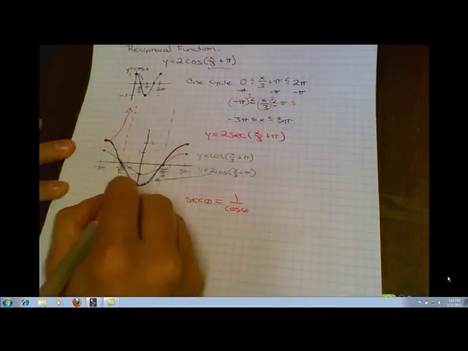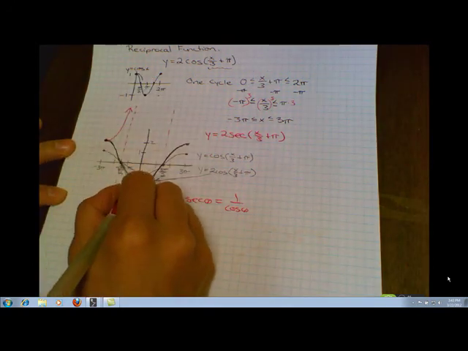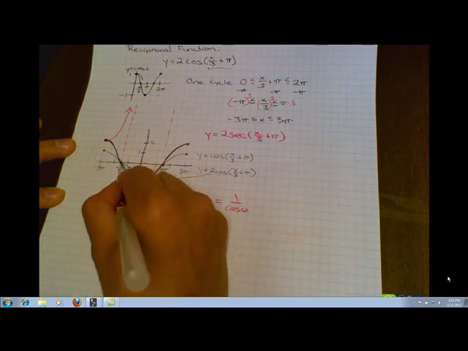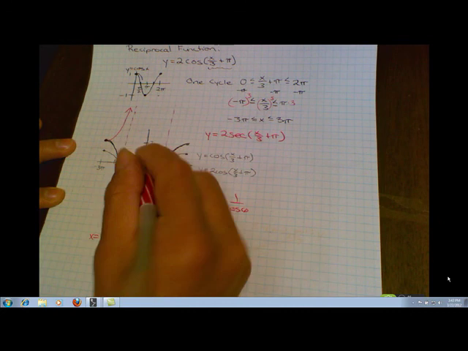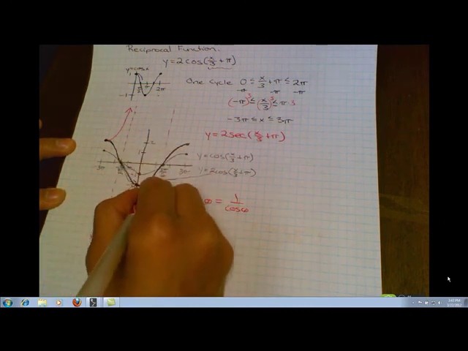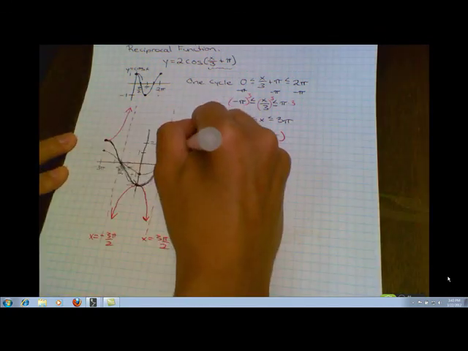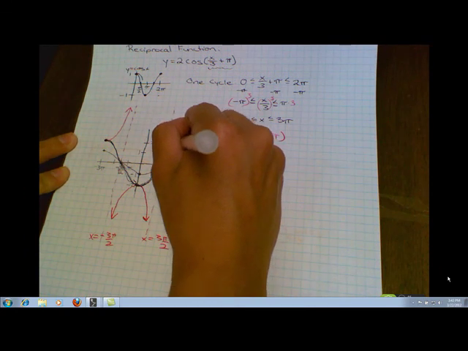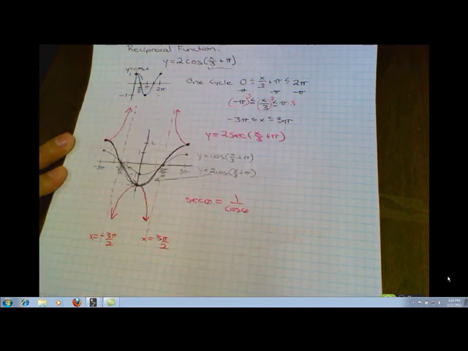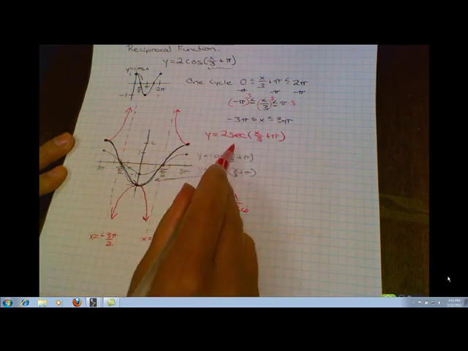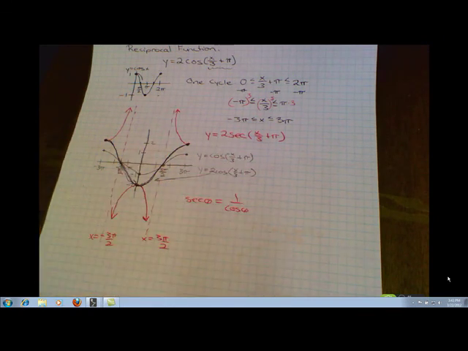So they share those maximum and minimum values. As cosine gets closer and closer to 0, as your denominator gets smaller, secant gets bigger and bigger. It's going to go like this. Now down here cosine is negative, and as that value approaches 0, 1 over cosine gets very negative. These larger and larger negative values in your parabola point.